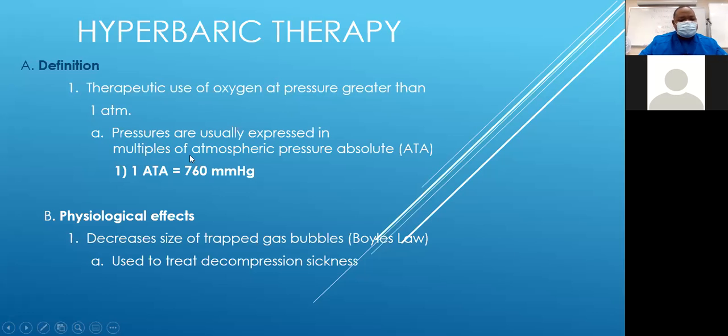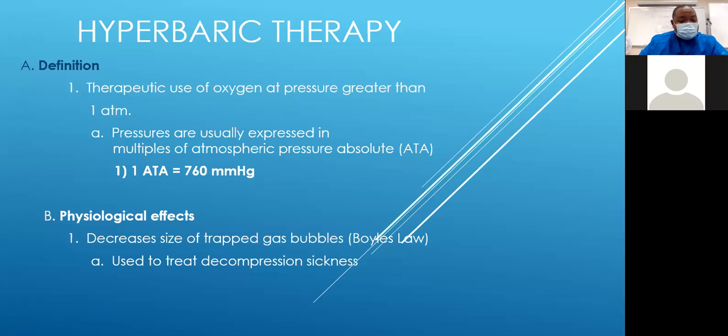Pressures are usually expressed in multiples of atmospheric pressure, absolute. That's ATA. Atmospheric pressure absolute, okay, ATA. And so 1 atmosphere or 1 ATA, same thing, is 760 millimeters of mercury. You already know that, okay? But what we can do is go farther than that to help different situations.